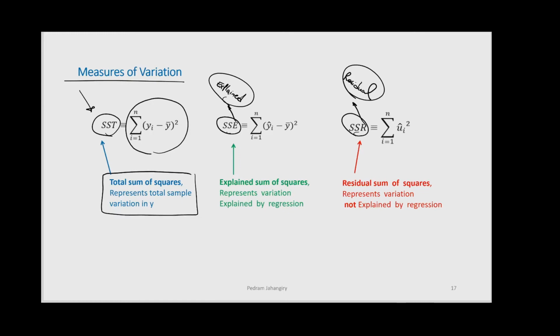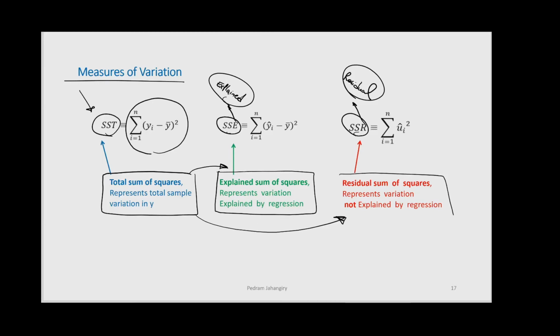We want to explain this. Some part of it is explained by the model. Some part of it is unexplained. The part that is explained by the model, we can summarize it as SSE, sum of square explained, or explained sum of square. This represents the explained part of the variation of y.